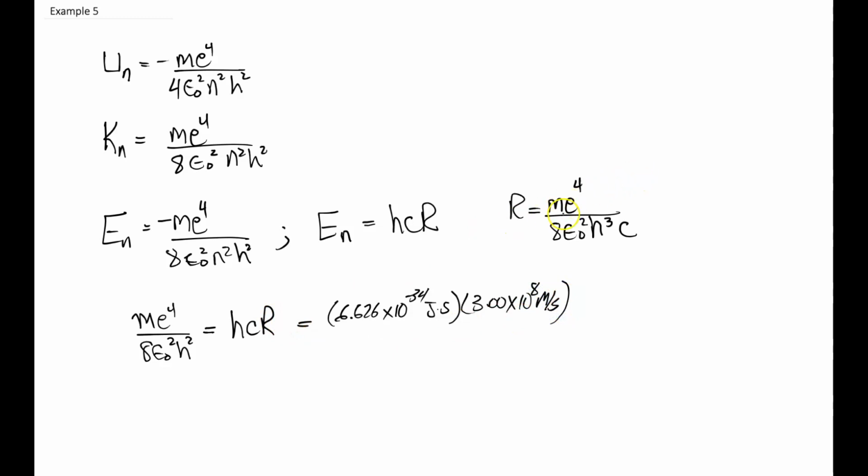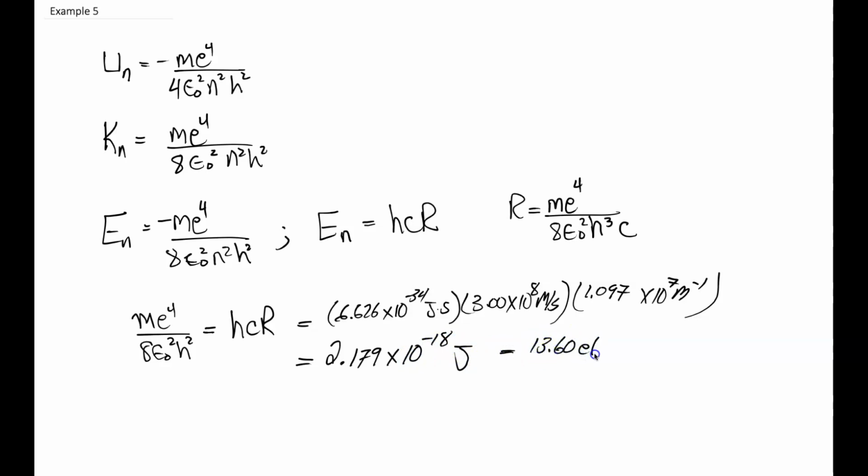And if we plug in all the variables for R, the value for R is 1.097 times 10 to the 7th per meter, and that equals 2.179 times 10 to the negative 18th joule, which is the same as about 13.6 electron volts.